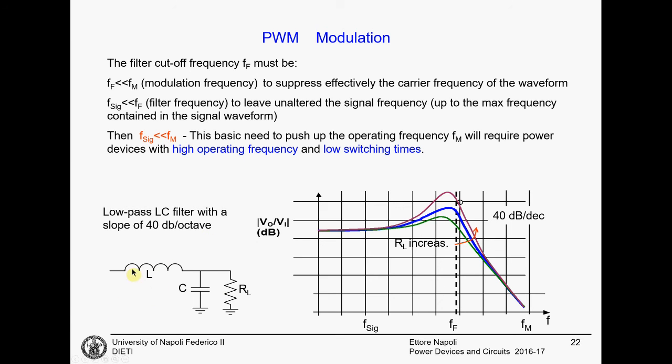We are saying that the filter cutoff frequency must be much larger than the signal frequency and much smaller than the modulation frequency. These two relations also mean that the modulation frequency must be much larger than the typical frequencies of the signal.